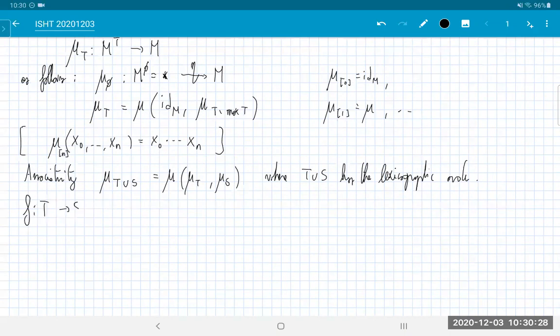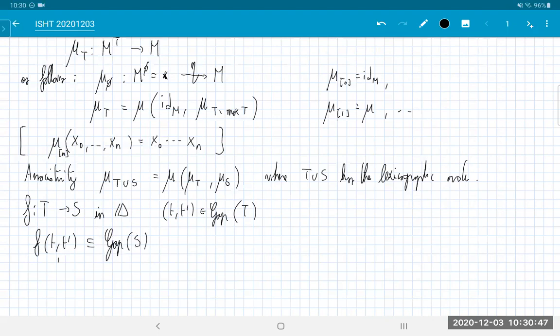Suppose I have a map f in delta, and T T prime is a gap in T. I'm going to define f of T T prime, a subset of gaps of S, as the set of all gaps that lie between f of t and f of t prime.